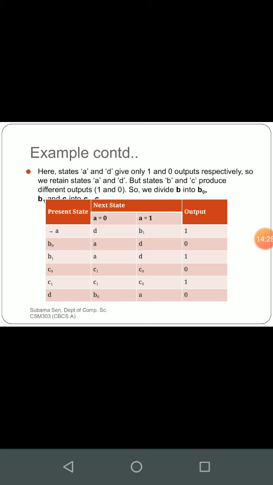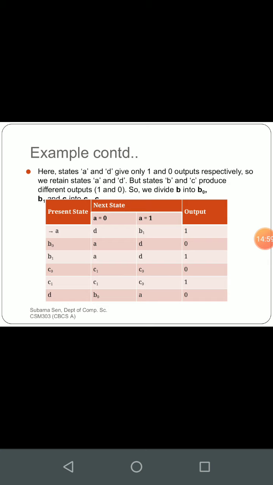See here, next state a, for transition the next state for equals to 0 and equals to 1, that both of them will move to a and d respectively, but the output is different, right? Similarly the case of c will be, but in case of d, again if you see the next state and output pair, in both the places d is generating the output 0, right? So just put a little bit focus in it and it will be clear to you.